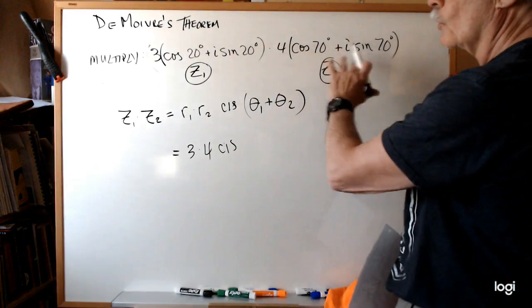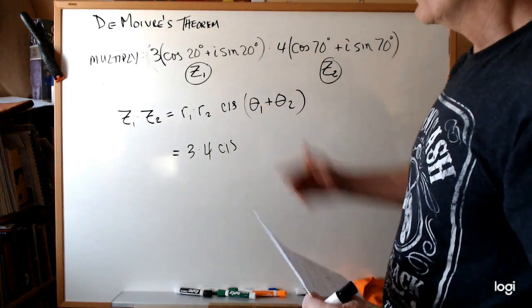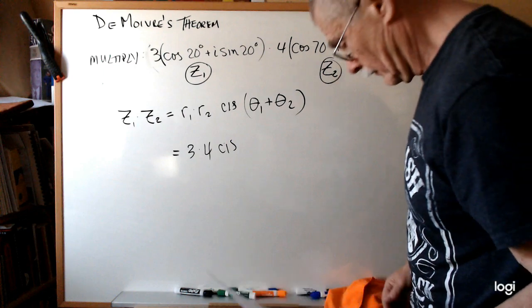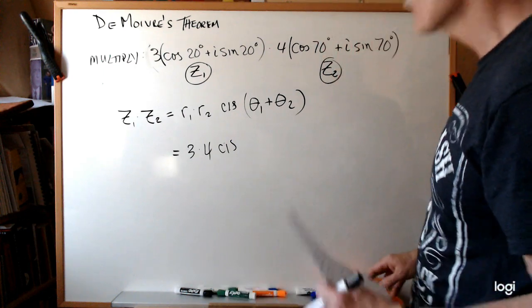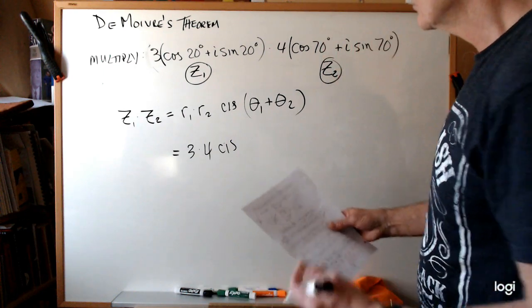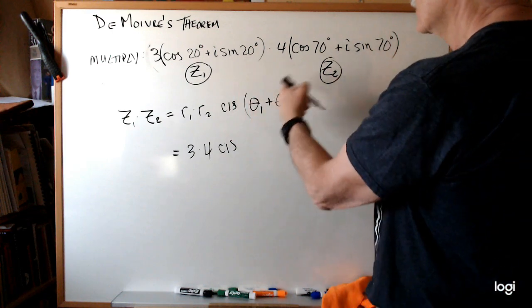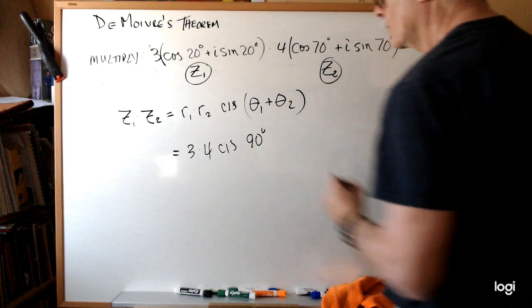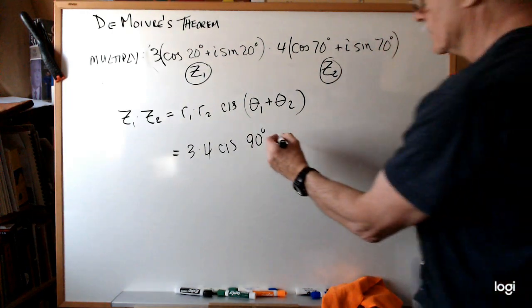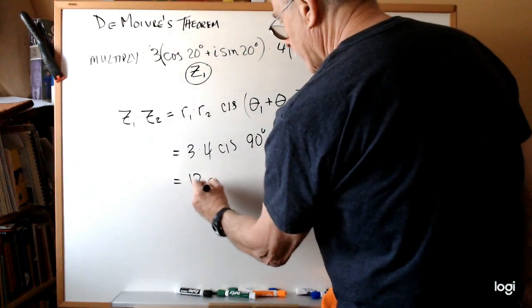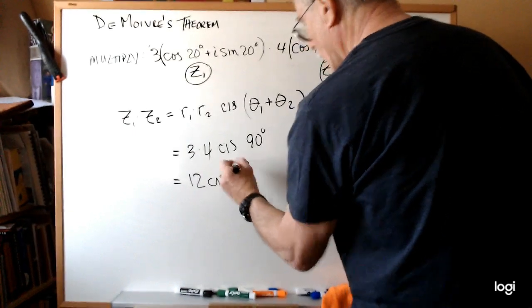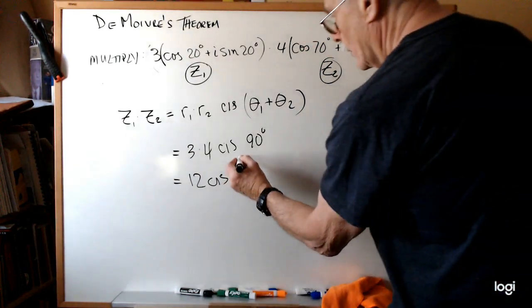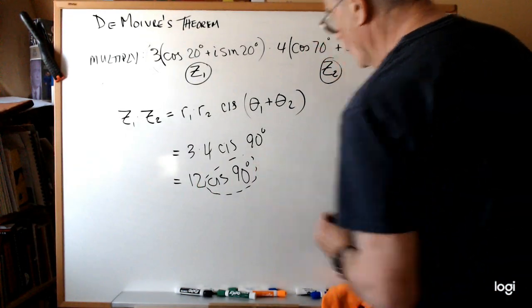And since these are already in polar form and cis form, all we're going to do is, well, the rule says add the angles. If they weren't, we'd have to do a conversion. So you have 20 and 70 is 90. So this would be 12 cis 90. And we can work this out, so that's what we're going to do.